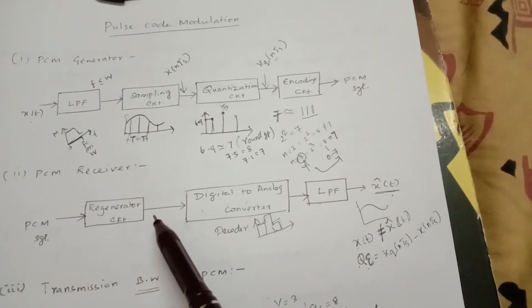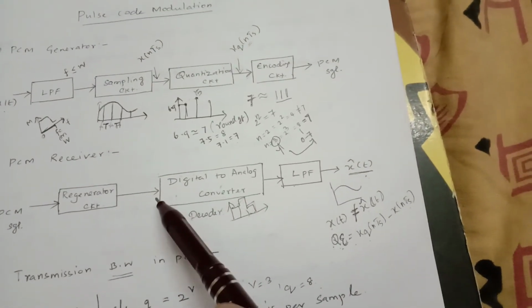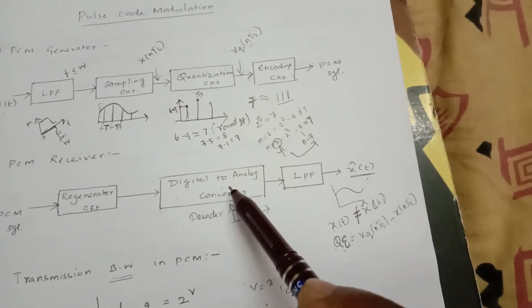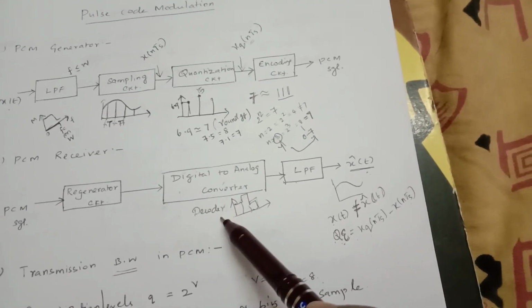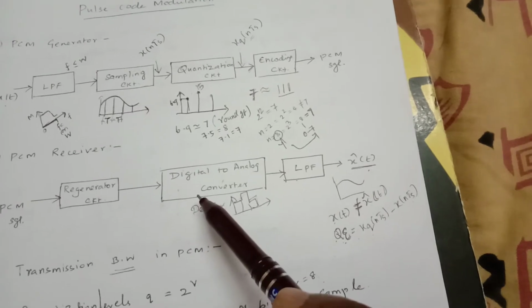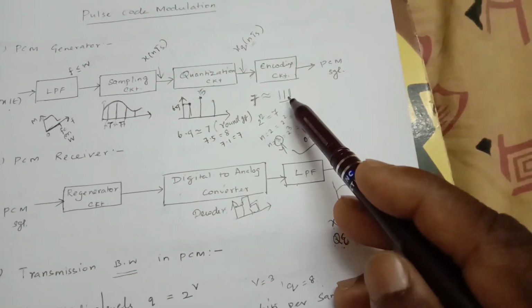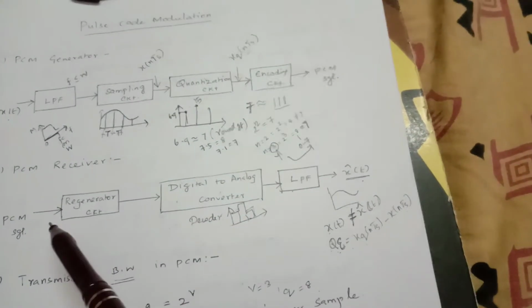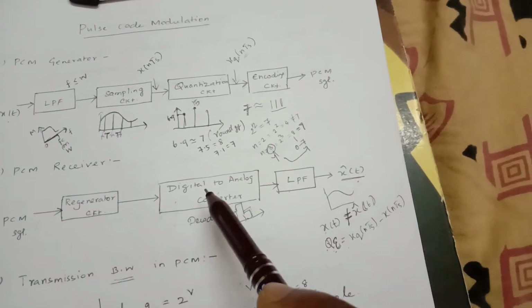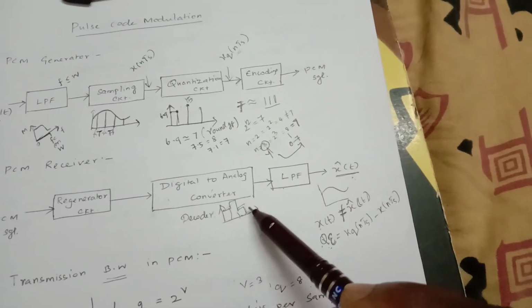After reshaping and removing the noise, it is given as an input to the digital to analog converter. The DAC is nothing but a decoder. The main function of the DAC is to reshape the input signal, that is the pulse code modulated signal from the generator, into a stepped response.